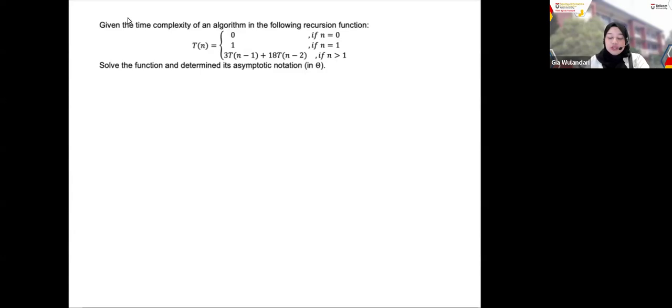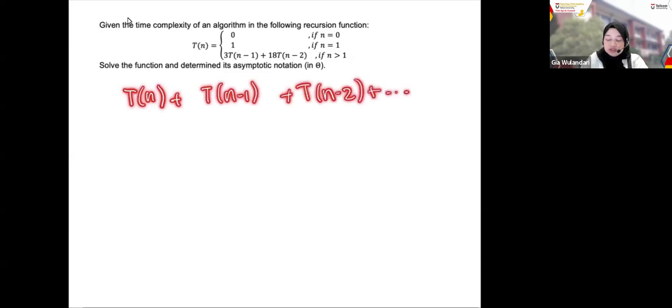So a homogeneous linear equation basically is a recursive equation that has the form Tn plus Tn minus 1 plus Tn minus 2 and so on until Tn minus k, and it must be equal to 0, and it may have some constants here as well.